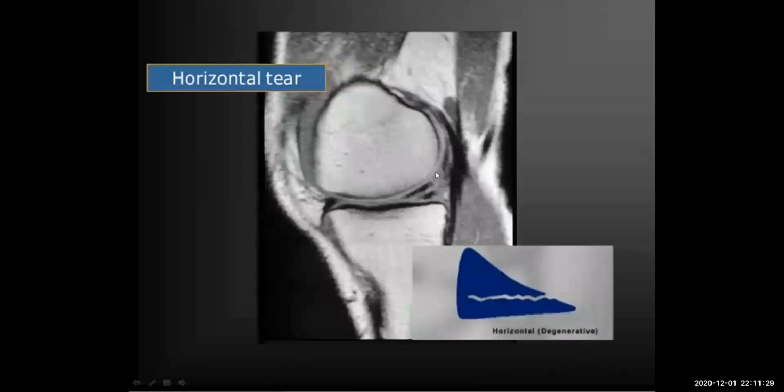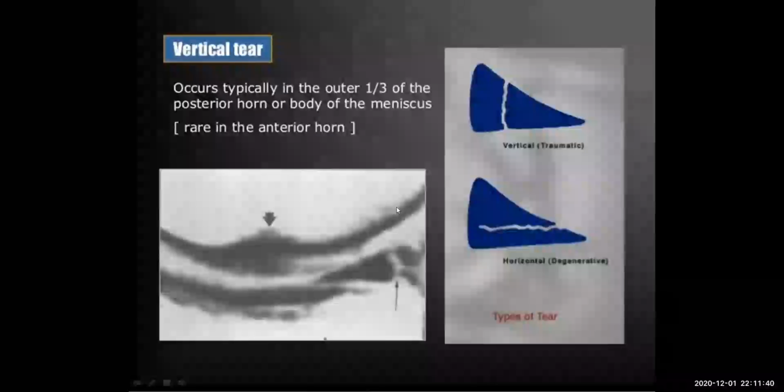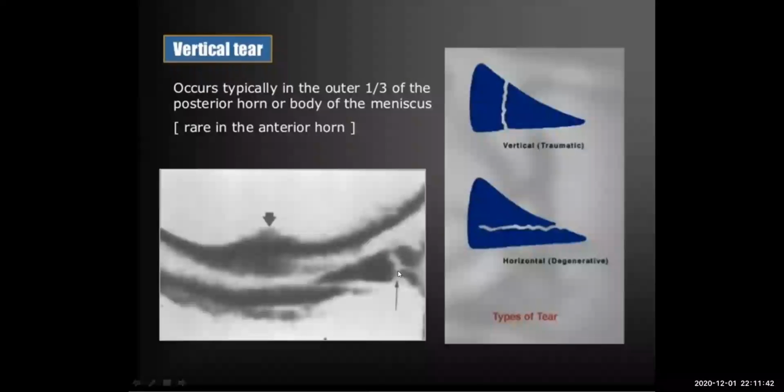This is another example of it. So if you have like a triangle that has been divided into two with this white structure, usually when any white structure is pathological, then you can say this is a tear. Okay, this is a vertical tear as is shown here. You see this is part of the meniscus, this is the other part, and there are some vertical tears here.